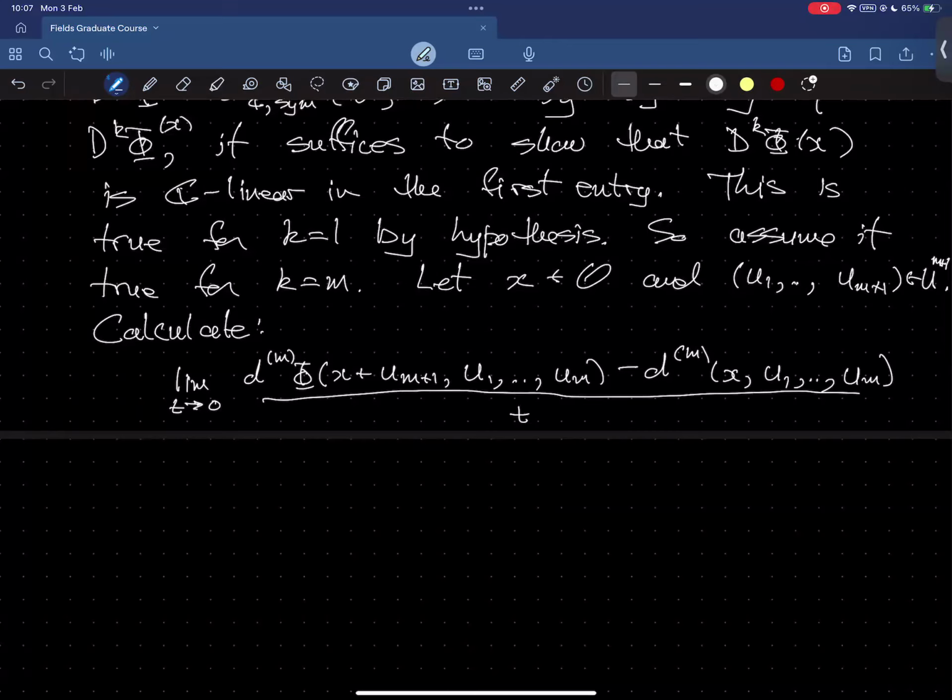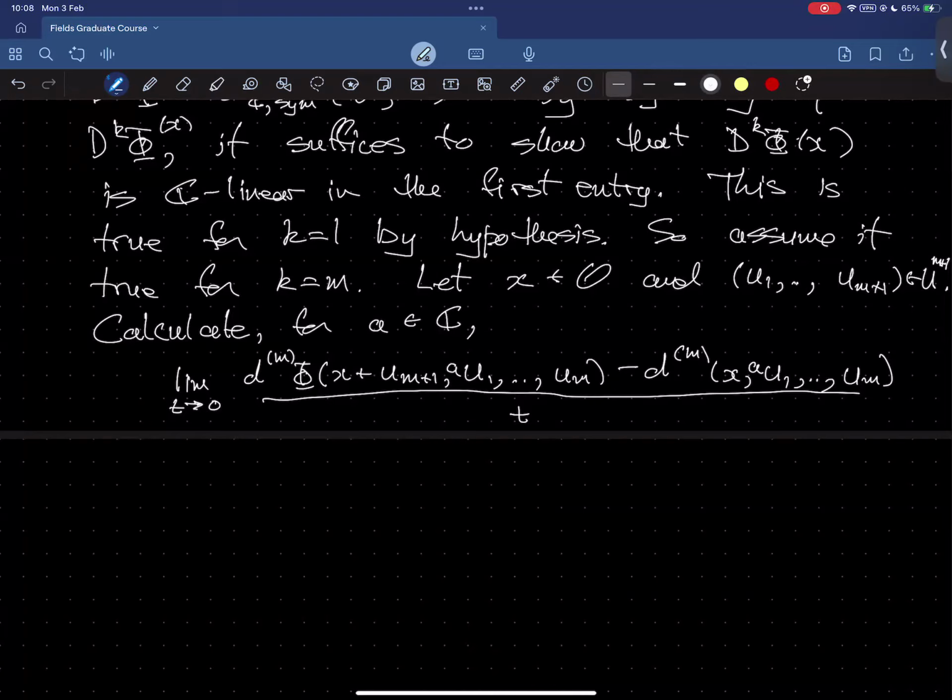Oh, and sorry, I'm trying to prove that it's complex linear in the first argument. So I'm forgetting the thing I'm trying to prove. I need to put an a in there because I'm going to pull the a out, so this is for a complex.